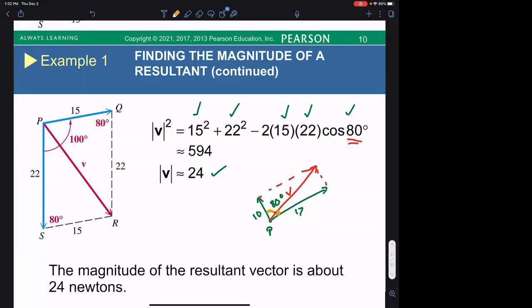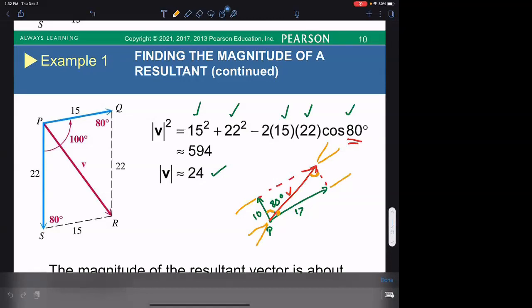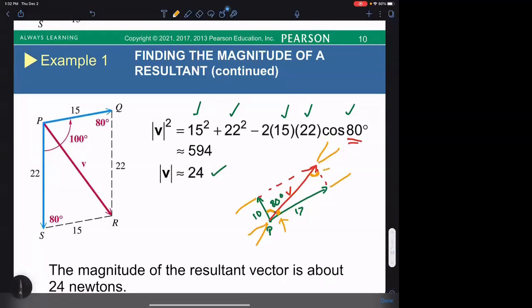That short angle, the big part of that is repeated over here, because we have parallel lines, and this goes back to when we first introduced angles. When a line crosses parallel lines, the alternate angles are equal in magnitude. So this angle and this angle add up to 80.